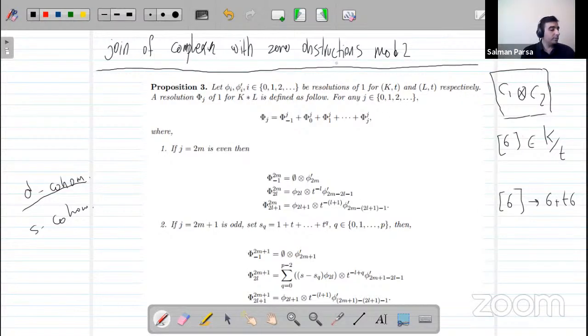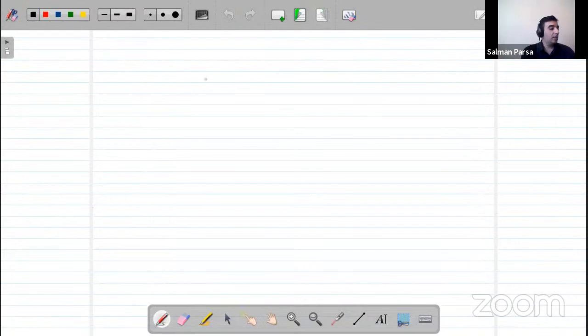But now I want to say something about the case where both of these factors have zero classes mod 2. So let's say we have K and L now, so we have some I, K, or some Smith class of this is 0 mod 2.